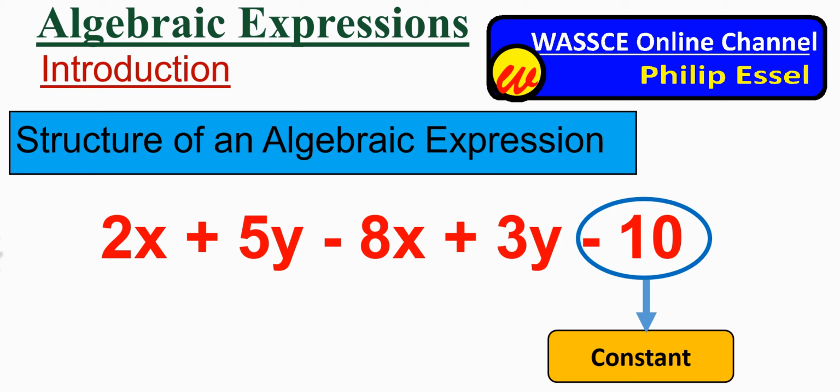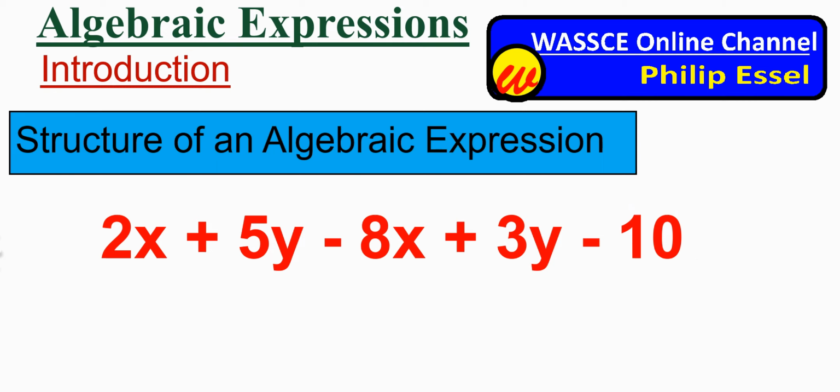Now let's look at another interesting thing about algebraic expressions. For this algebraic expression, 2x plus 5y minus 8x plus 3y minus 10, you would realize that you have pieces of mathematical expressions, either algebraic expressions or numerical expressions that have been joined together to form a larger expression.